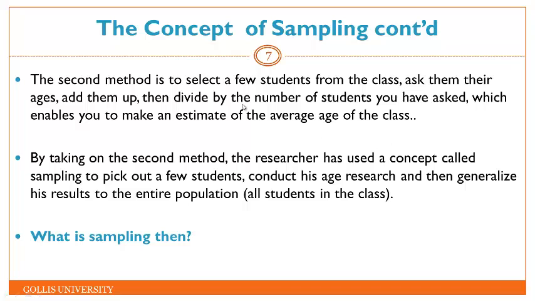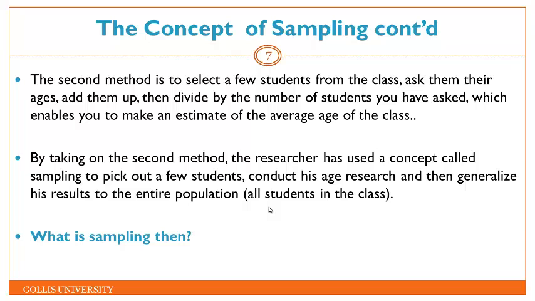Meaning that by using the second method, the researcher has used a concept called sampling to pick out a few students, conduct his age research, and then generalize his results to the entire population, which in this case is all the students in the class. So the second method is the concept of sampling, where instead of asking every student in the class about his age, you only select a few students, depending on what method you use to select them.